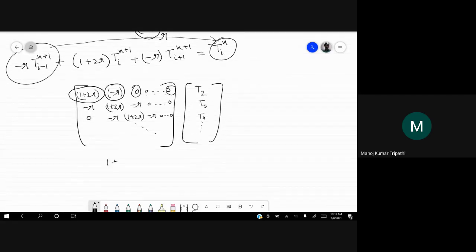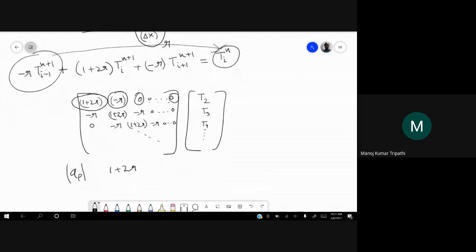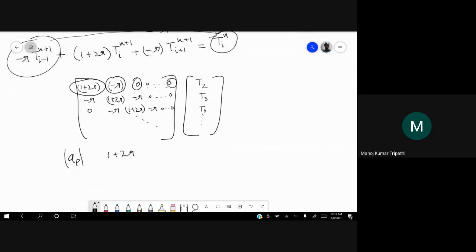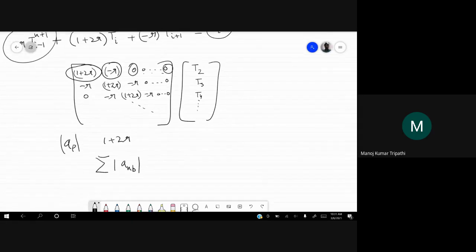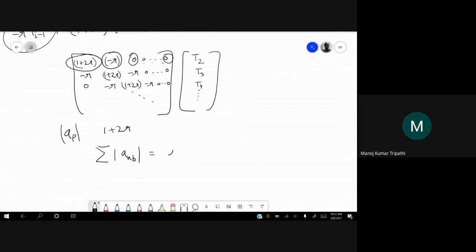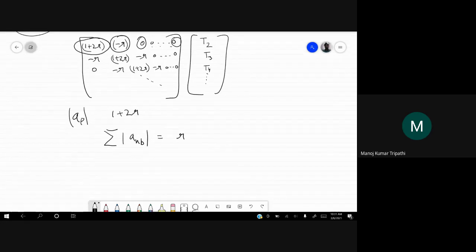So you can see it is 1 plus 2R is the AP mod, which is the denominator, and mod A and B summation is R. If you just take the left hand side of this matrix, and right hand side you can say 1 at the max, or you can just leave that out. So this is for the first equation.